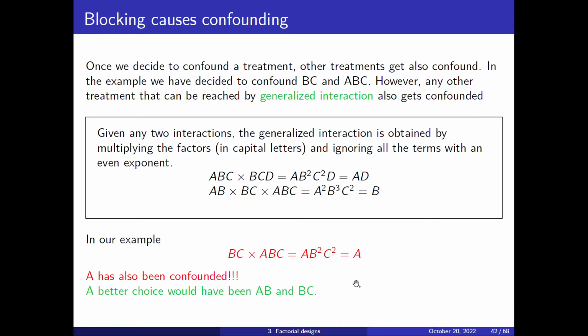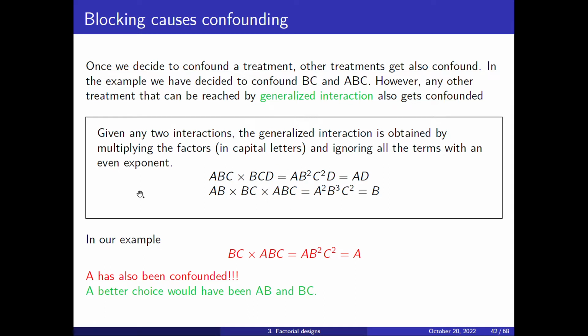And in general, we will use some confounding equations, and for these it is useful to revise again the algebra in which we had confounding patterns. For instance, let's say that we have the combination ABC with BCD.